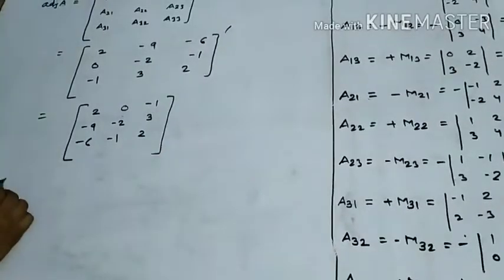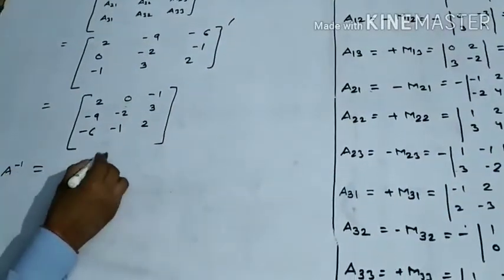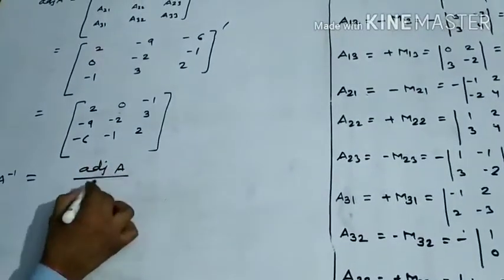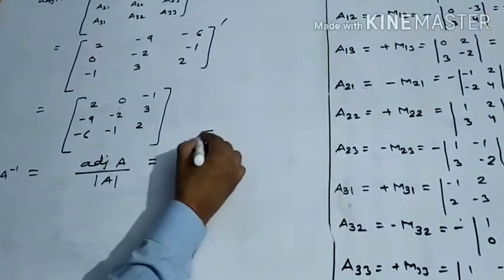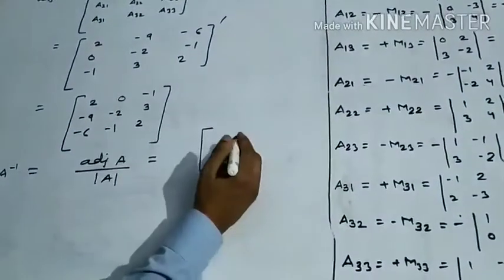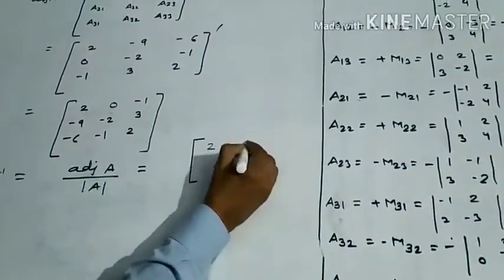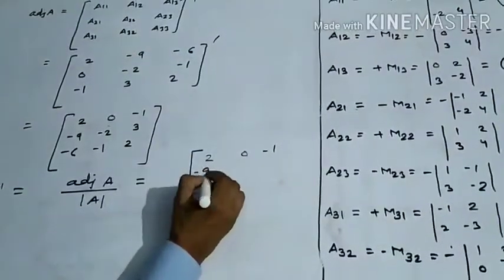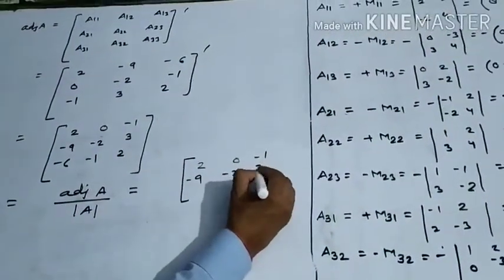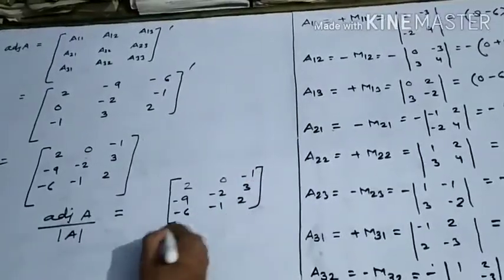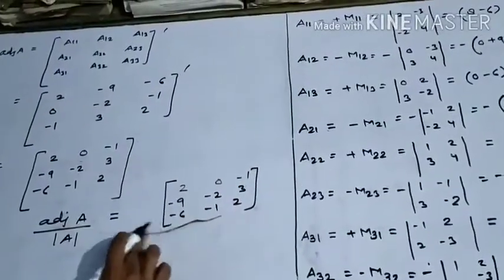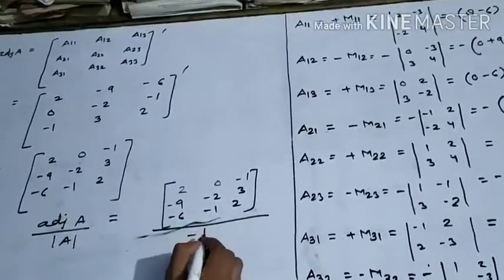Now A inverse is equal to the adjoint of matrix A divided by the determinant of matrix A. So this is equal to the adjoint we have calculated here, this is the 2 0 minus 1, minus 9 minus 2 3, minus 6 minus 1 then 2, and after that the determinant value of matrix A is simply minus 1.